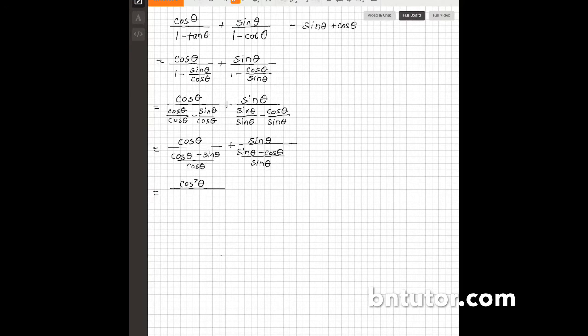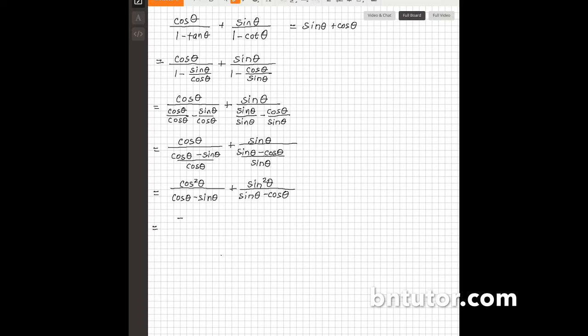In the first fraction then, we take cosine times cosine to get cosine squared, and the denominator is cosine minus sine. Using the same principle in the second fraction, we multiply the sine times the sine to get sine squared. Our denominators now look almost the same, except for a little bit of signs in the denominator of the first.